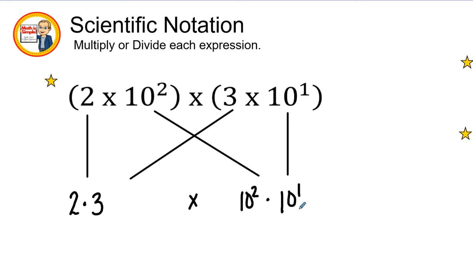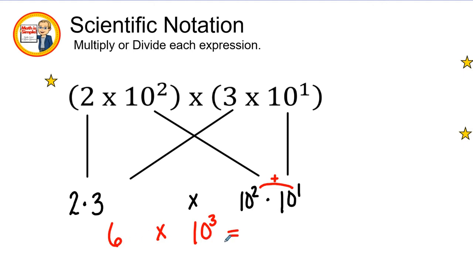Super easy, might look a little bit confusing at first, but 2 times 3 is 6 times. We're going to add our exponents using the product rule. So 2 plus 1 is 3, so it's going to be 10 to the third power. So our answer is 6 times 10 to the third power.